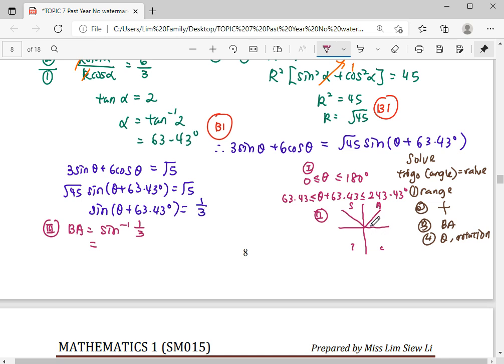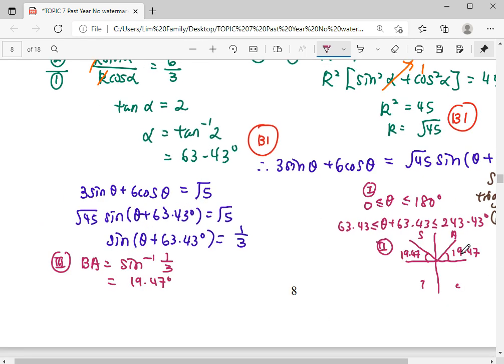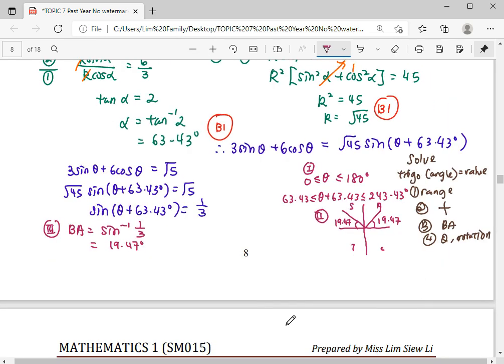When we have shift sine 1 over 3, we can see our basic angle here is 19.47. So where's the basic angle located? In quadrant 1 is here, quadrant 2 is here. So here will be our quadrant 1, here will be our quadrant 2. There will be our basic angle.